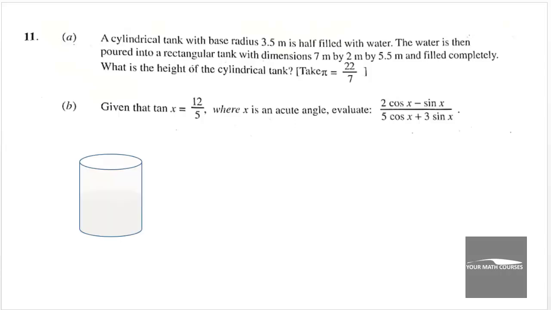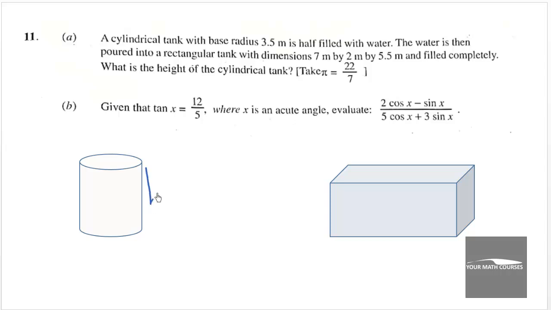We have a cylinder and the tank is filled to half. The water in the cylinder is poured into the rectangular tank and fills it completely. So we are looking for the height of the cylindrical tank, the full height.